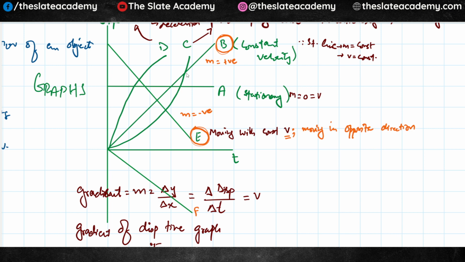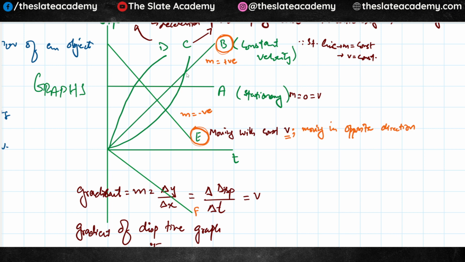Now we move to the velocity time graph. Here we have the speed time or velocity time graph.